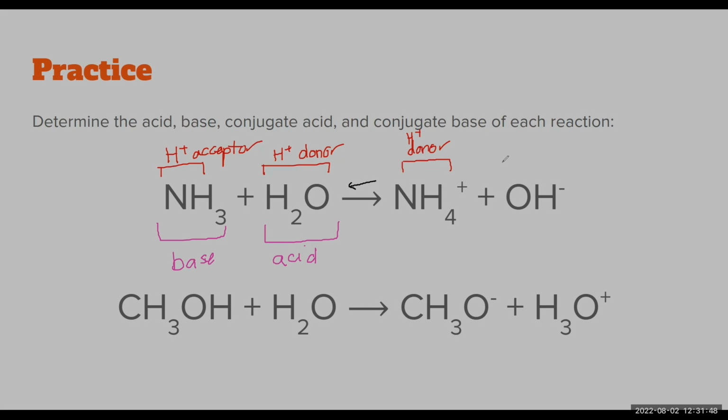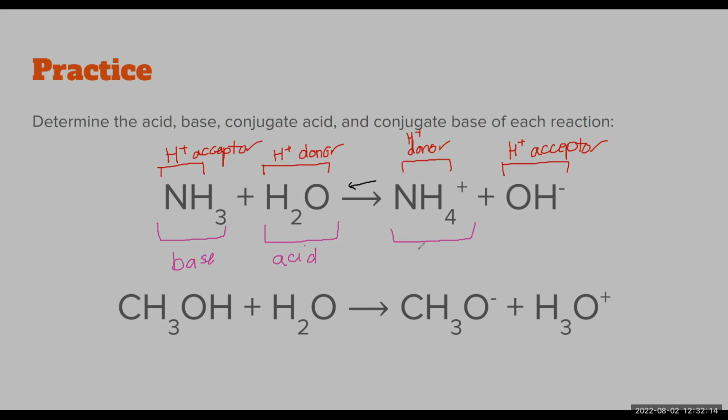As a result, the OH- will have accepted the proton so that it becomes H2O, because it gained an H+. So OH- functions as the H+ acceptor. Because of that, NH4+ is going to be the H+ donor. Therefore, it has functioned as our acid.